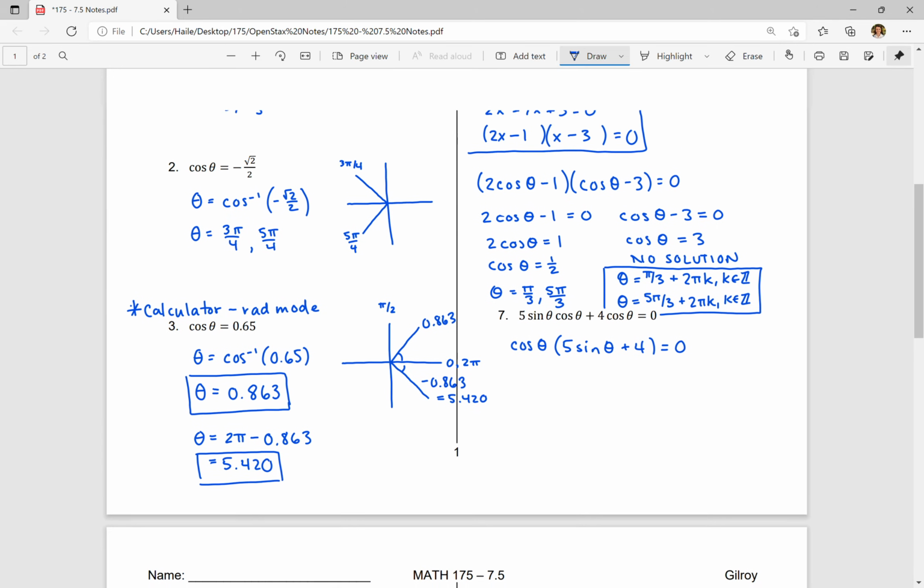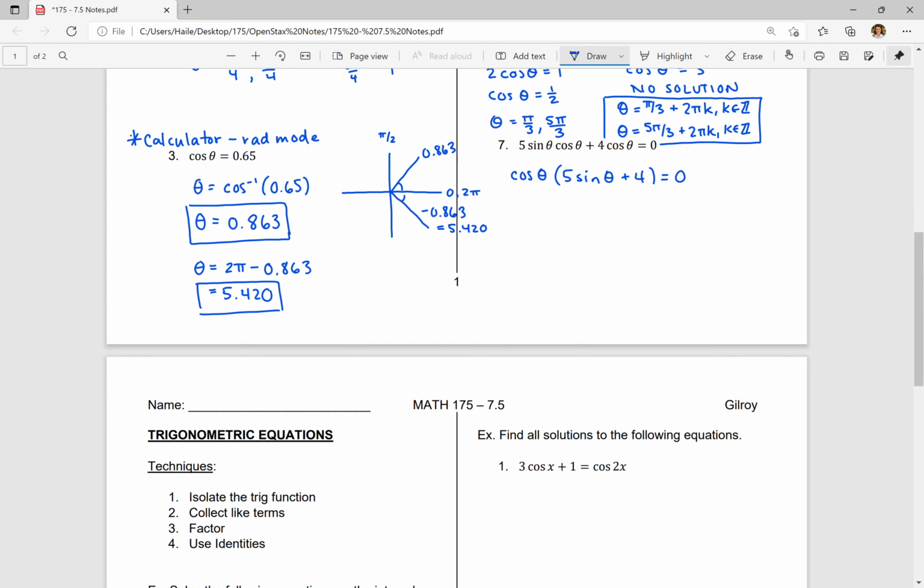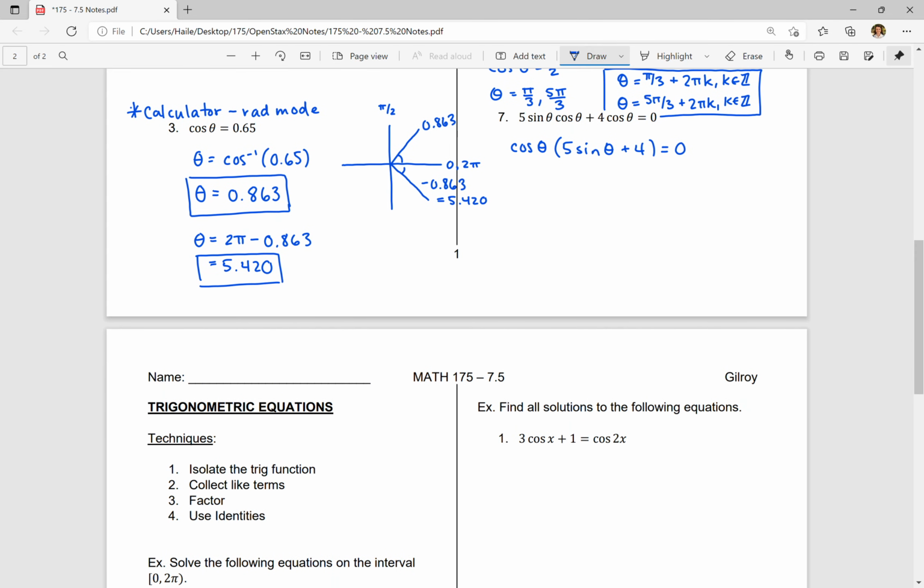So just like the previous example, now we have two factors that are multiplied together and they equal 0. So what we can do is break each factor off into its own equation. So we can say cosine of theta is equal to 0 and 5 times sine of theta plus 4 is equal to 0.